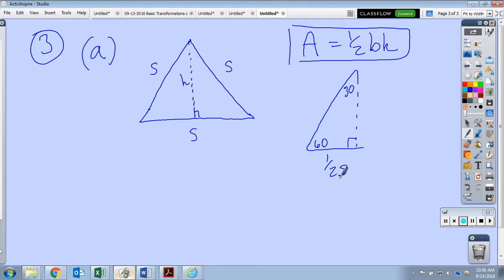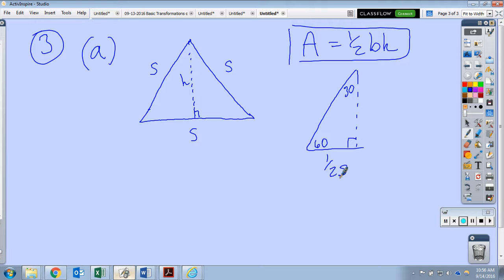Now let's remember our ratios. This is one of those fundamental things you learn in trig or pre-calc that sticks around, the 45-45-90 and the 30-60-90.